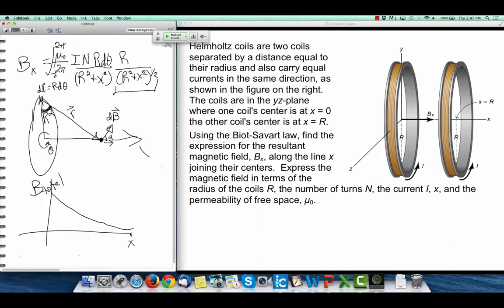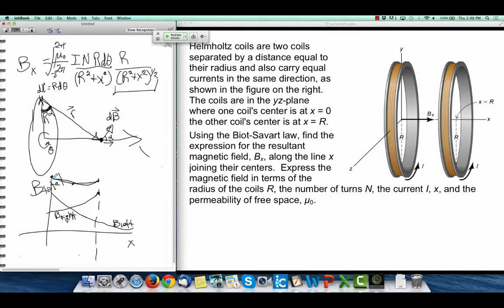Due to one coil, due to the other coil, B total as a function of x is going to be dropping off in the other direction. If you add these two together, I shouldn't have called it B total. I should call this B left and call this one B right. When you add these two together, you end up with something.